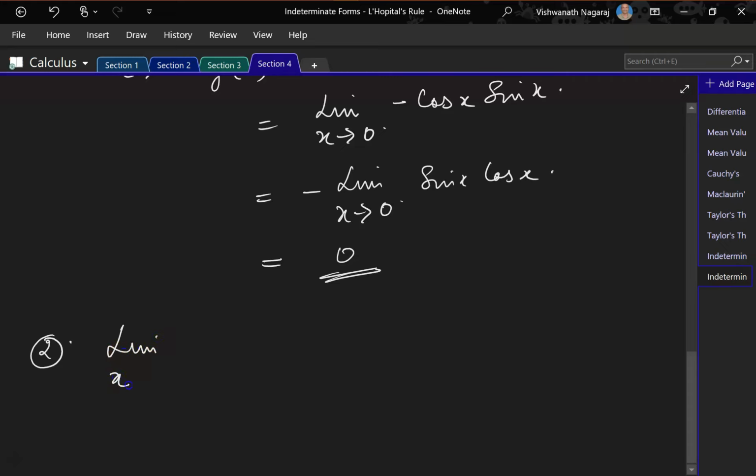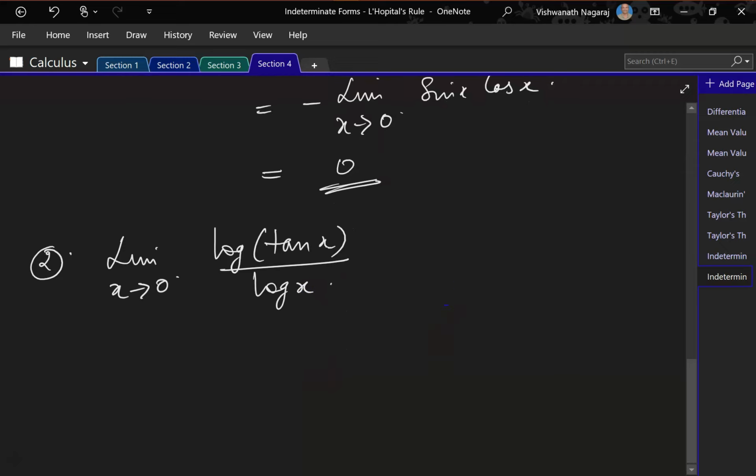Limit as x approaches 0 of log of tan of x by log of x. Again you can do a direct substitution and see which form it is. So tan 0, log tan 0 is infinity, and log x, log 0 is infinity.